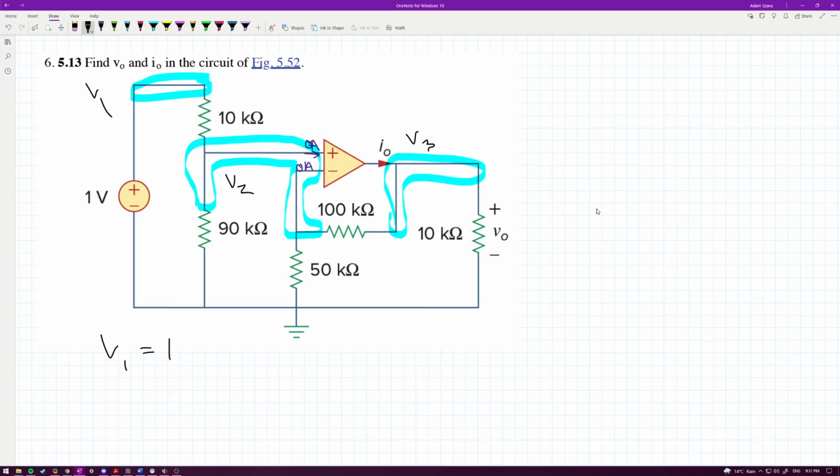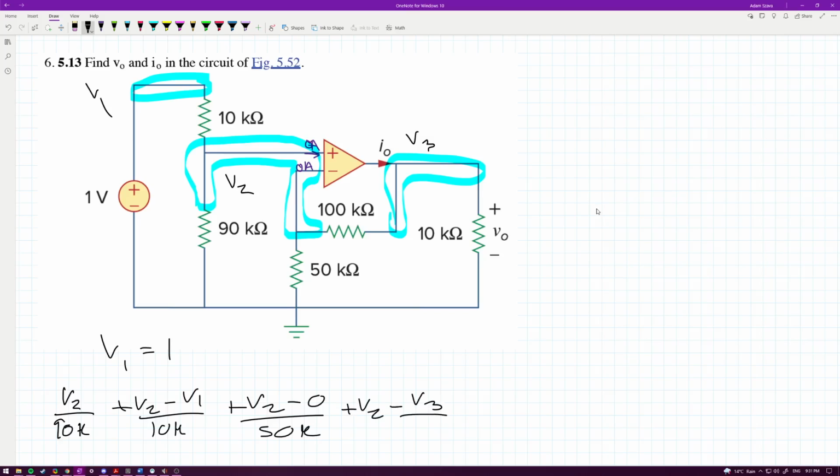Great. Now, V2 equation is going to be, well, V2 minus 0 over 90. So 90. Okay. Plus V2 minus V1 over 10k. Great. There's no amps going that way, so then I just have to compare here. V2 minus 0 over 50k. V2 minus V3 over 100k.